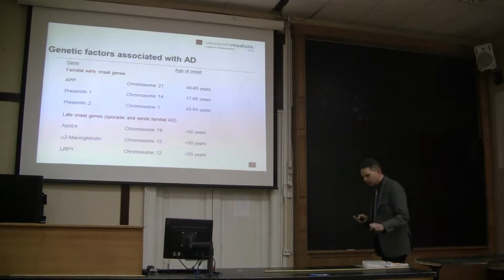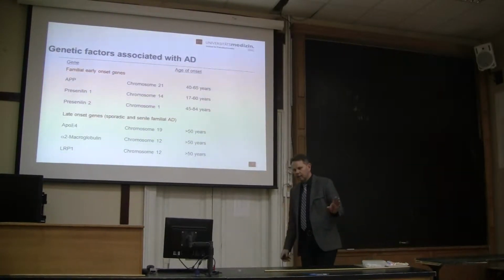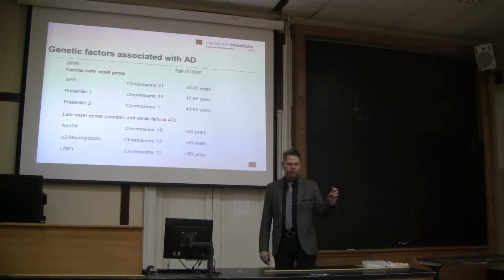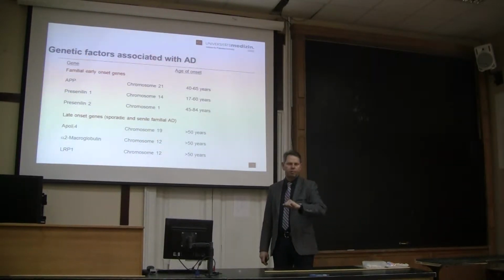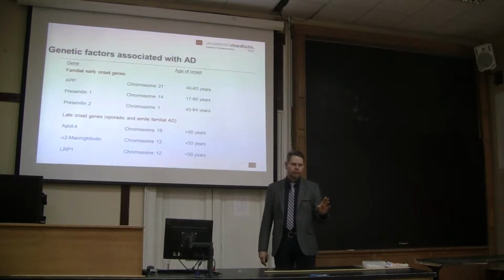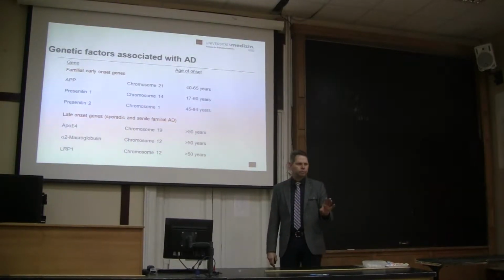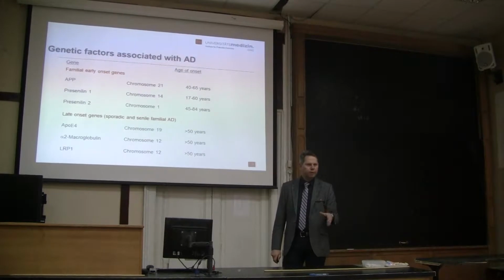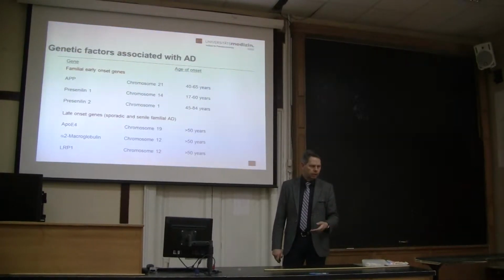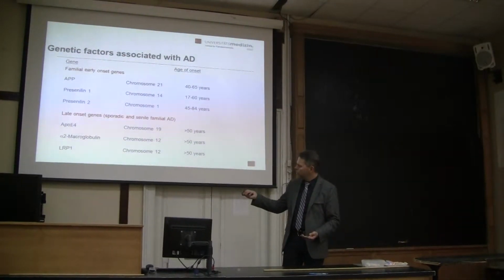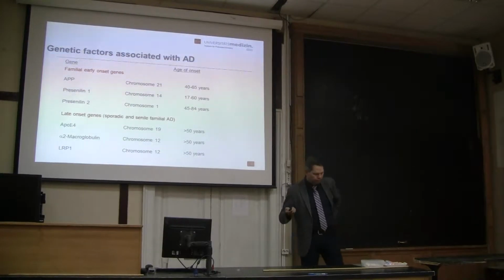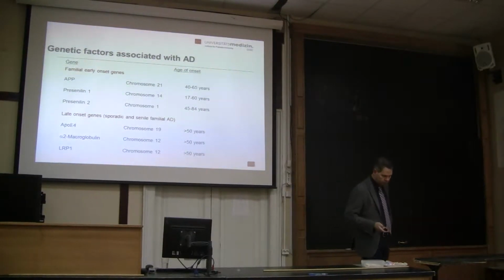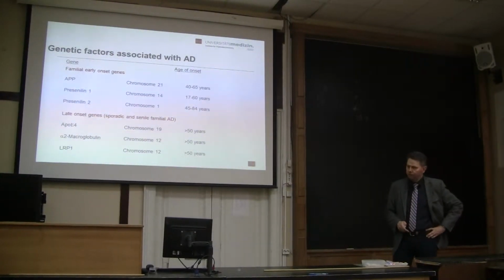There are a lot of correlative studies that have shown LRP1 is somehow related to Alzheimer's disease, but there are many more publications which have clearly shown that it's not. So a genetic marker, we can pretty much rule that out. But anyway, in those days I had no clue. Nobody had. So we started to work on that because we thought maybe it has a relation to Alzheimer's disease.